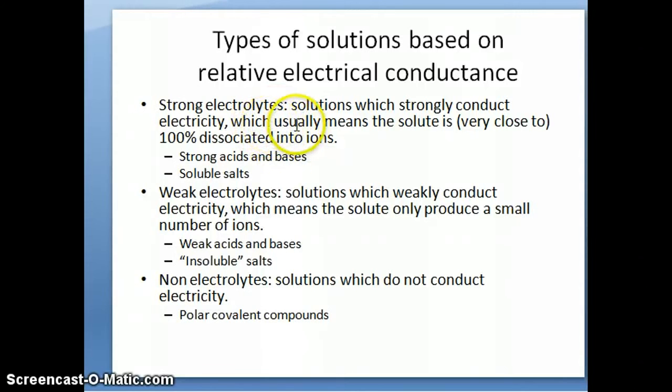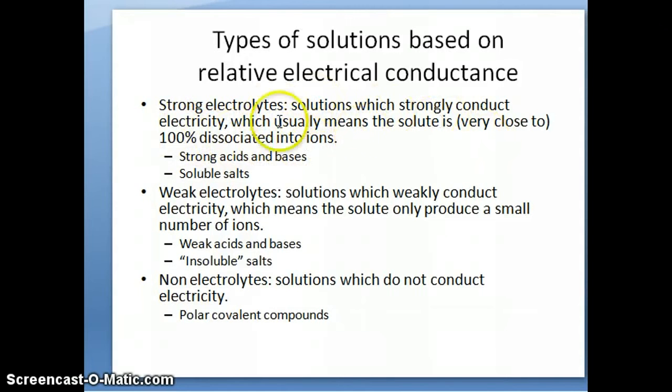What that means is usually that the solute, when you put it in water, when you dissolve it, produces ions 100%. In other words, if you start with, let's say, 100 particles of sodium chloride, basically all those 100 particles would break apart into 100 sodium ions and 100 chloride ions. So in other words, 100% dissociated into ions.